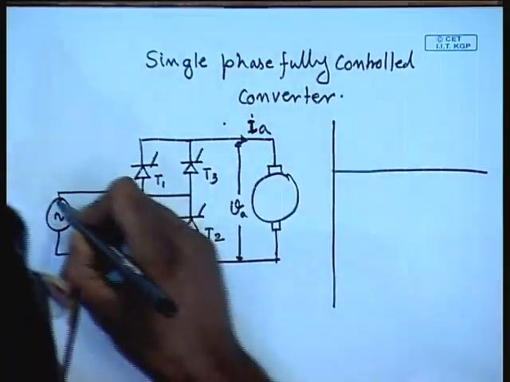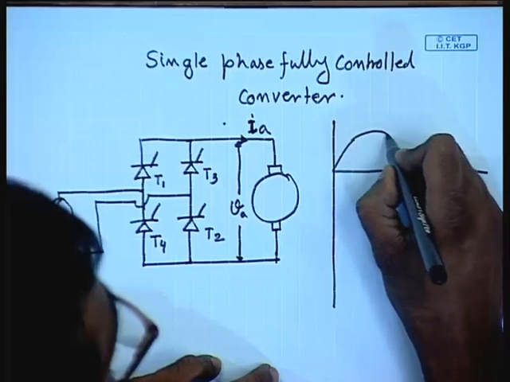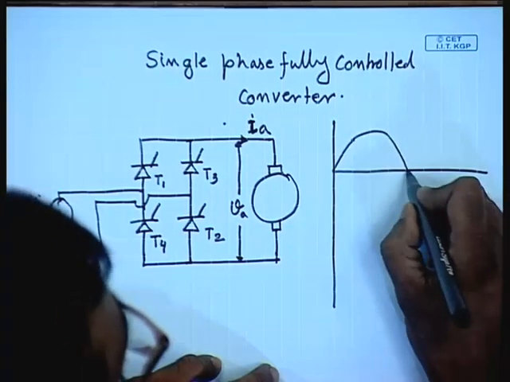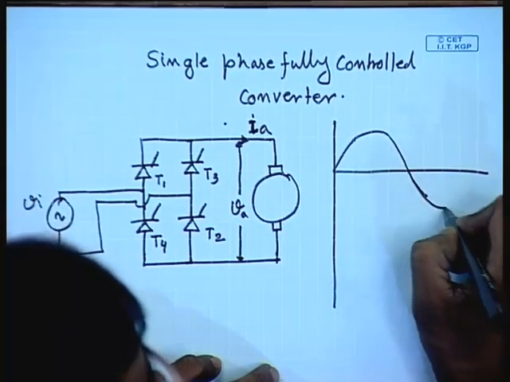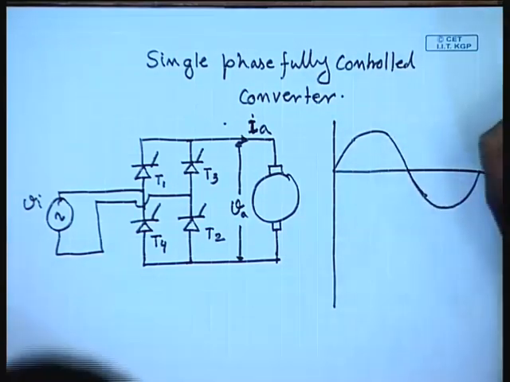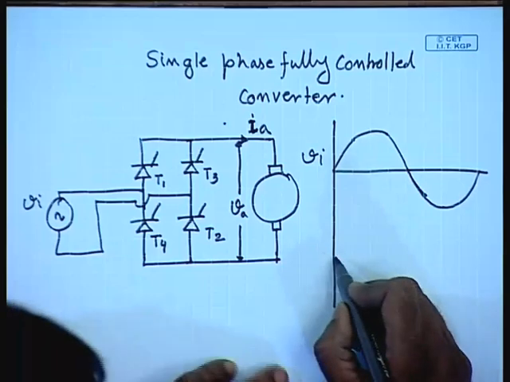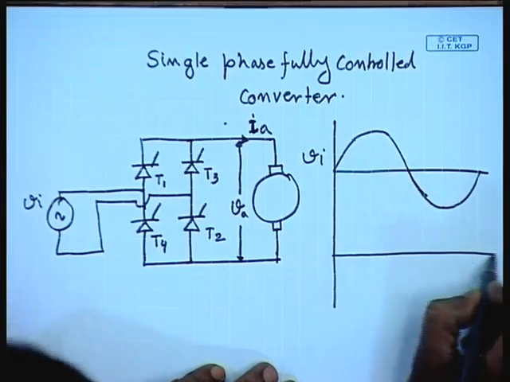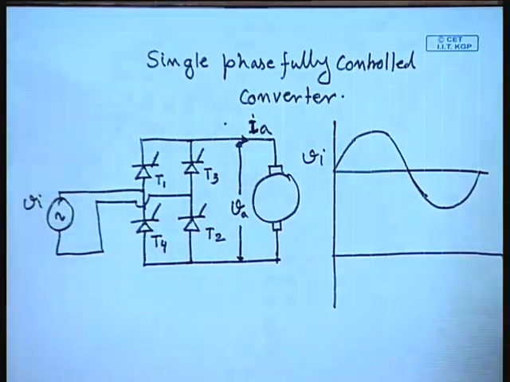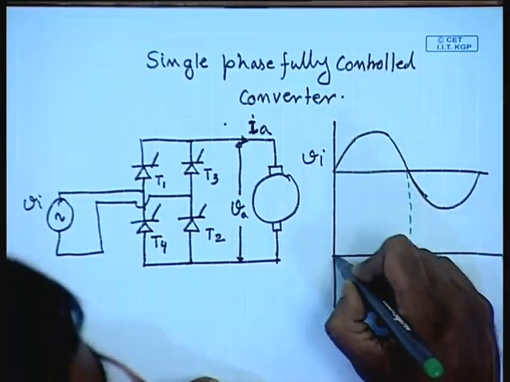Let us say this is the input voltage Vi. Had this been diodes, we know that the voltage waveform would have been a full wave rectified sine wave.